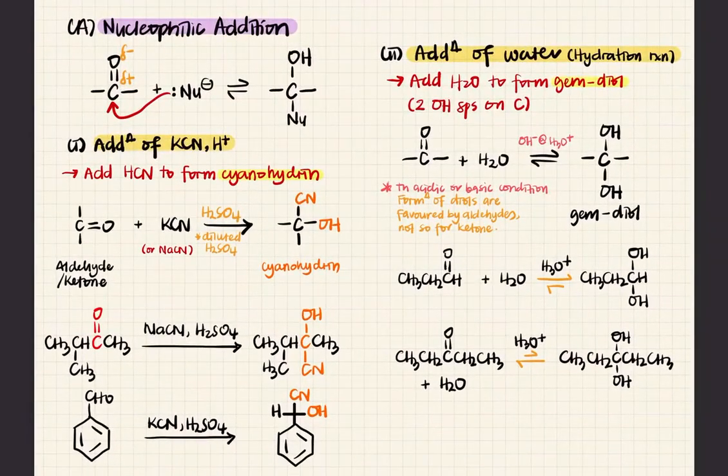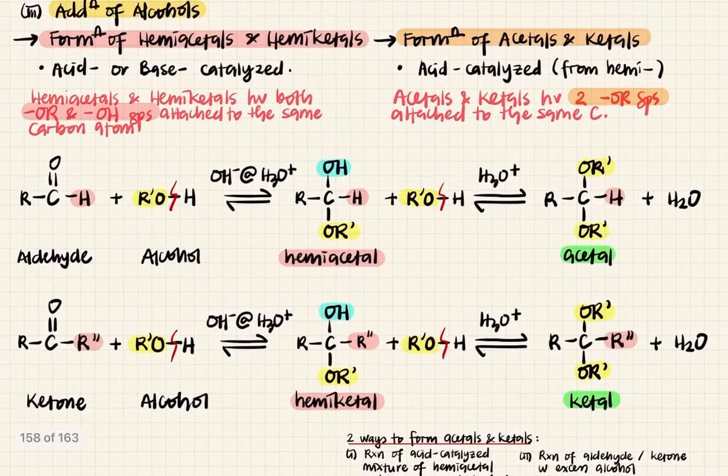Right. Next, you have the addition of alcohols. Addition of alcohols will form two types of compounds. So you have hemiacetals and hemiketals, benda tu we will look at it later. And then you can form acetals and ketals.